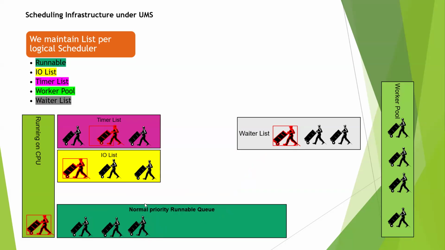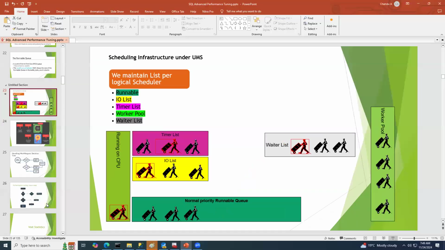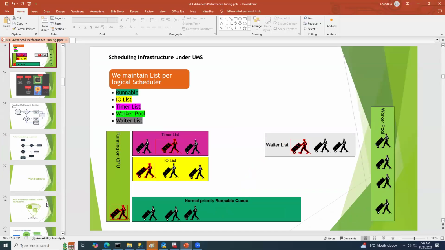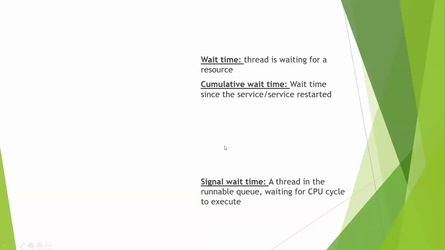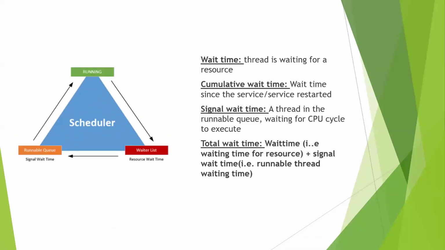So this is just high level: this is a scheduler. If the thread is in the runnable queue, it is signal wait time. If it is in the waiter list, it is resource wait time.